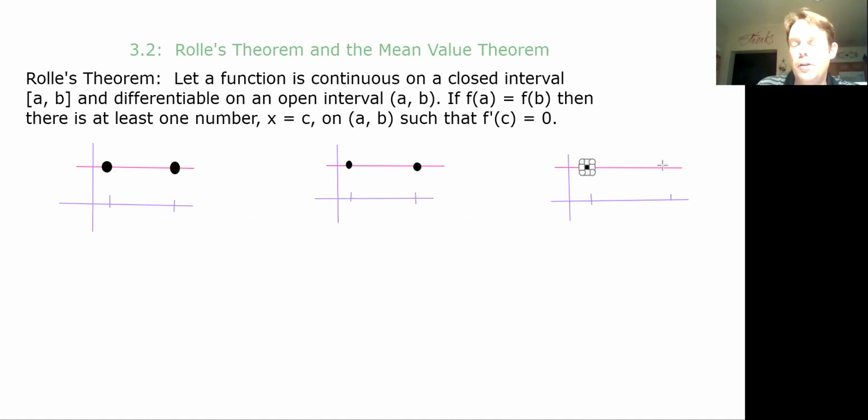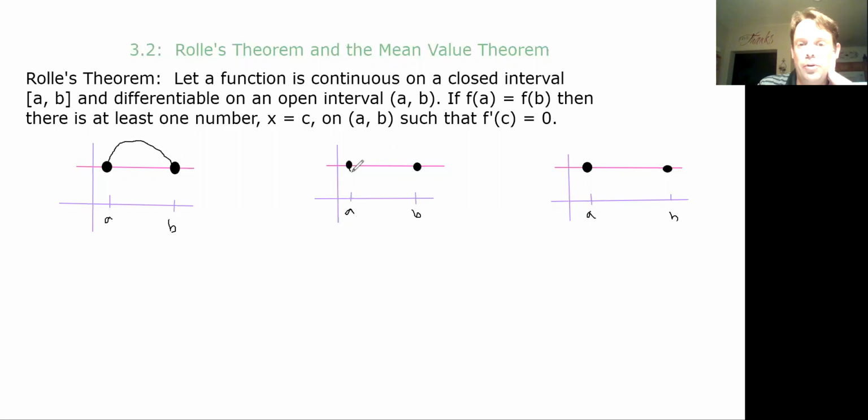All right, so here's what's going on. These x values here, we're going to make them A and B. Now what this theorem says, if it's a continuous function, in other words, if I go to A and my graph starts going up, somehow I'm going to have to come down.